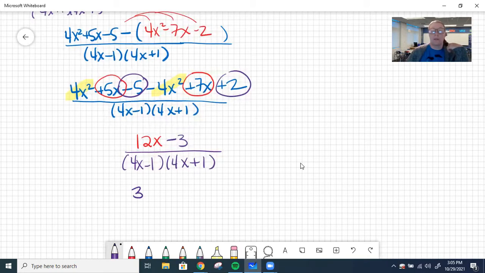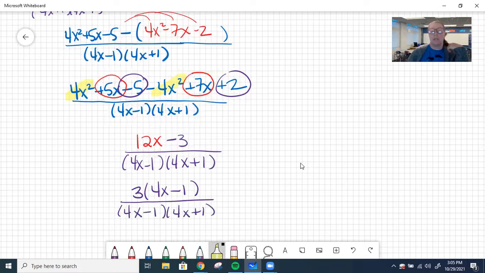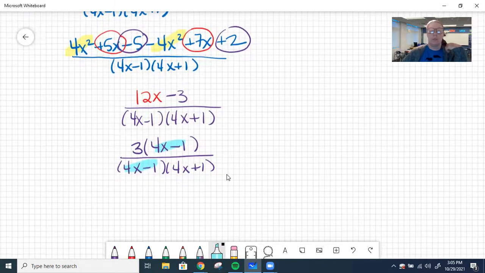So I can pull a 3 out of each, and I would have 4x minus 1. Oopsie, here's what I'm talking about. You see how now you're getting a giant 1 there. Those are gone. Now, the important thing when you're canceling, this idea of giant 1s only works with multiplication. So let me finish this and then we'll talk about it.